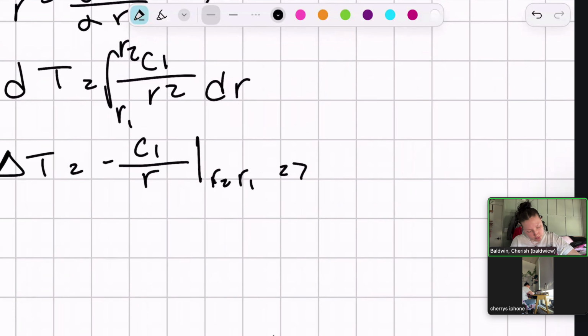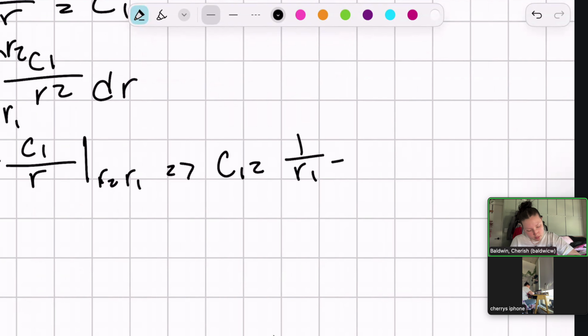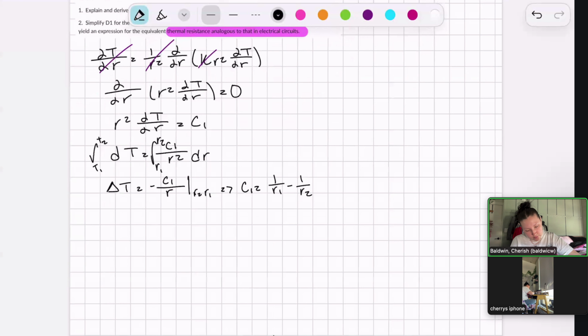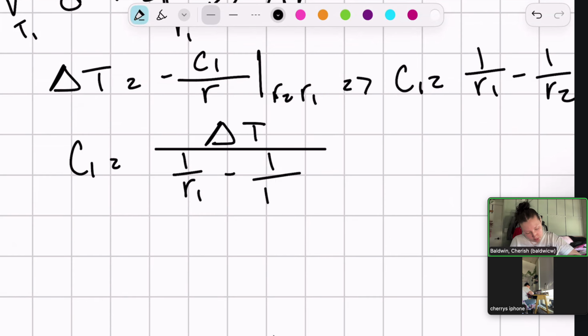So then that gives us C1 being equal to 1 over R1 minus 1 over R2. And then we'll write this all together. So C1 is equal to delta T, 1 over R1 minus 1 over R2.